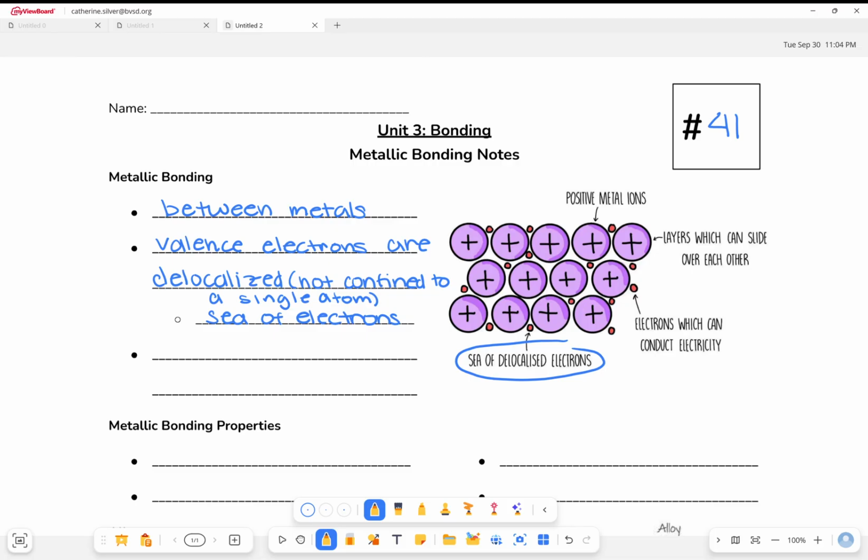Metallic bonding, rather than producing a chemical compound, you are producing physical mixtures. So again, not chemical compounds.